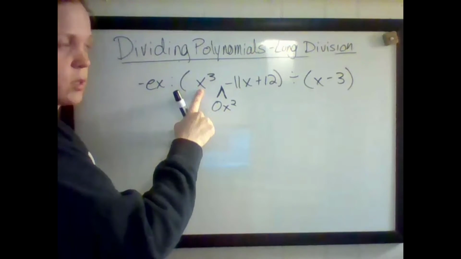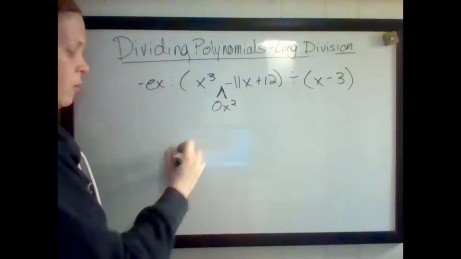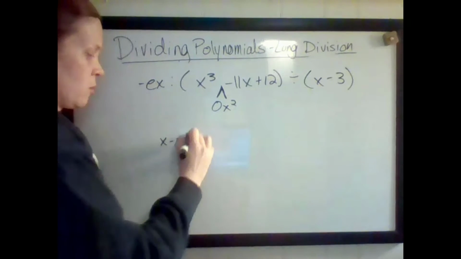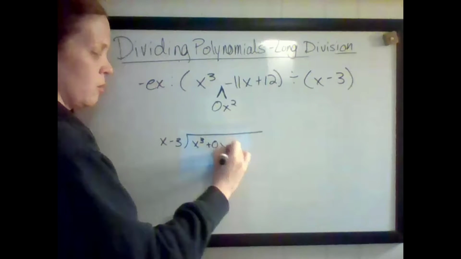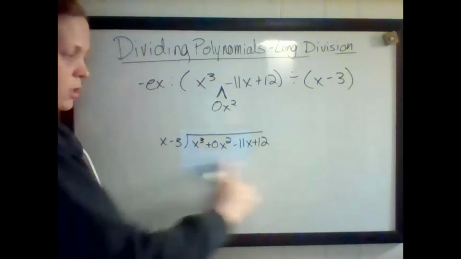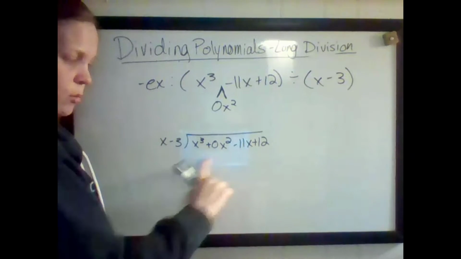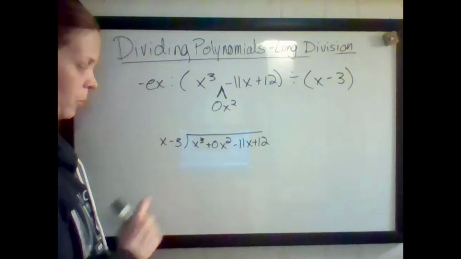Whatever we start with, if it's an x cubed, we have to have an x squared, an x, and a constant. So when we set this up, we're saying x minus 3, does it go into x cubed? We need to add in a 0x squared, then minus 11x, then a plus 12. So it needs to be in descending order, and if there's a term missing, we need to put in a 0 of whatever that term is.